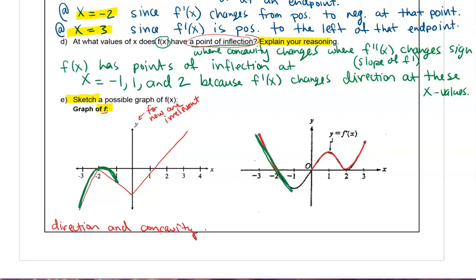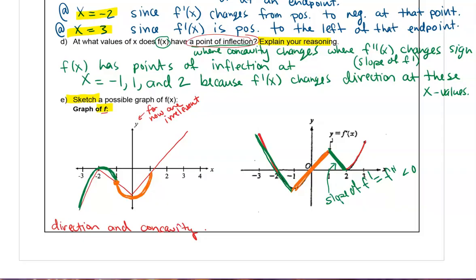Then I can tell that from -1 to 1, my function is concave up that entire time. So something like this. So it's going down and then going up, but that whole time it's concaving up. This is a point of inflection right here. And then again, my graph is concave down because the slope of f prime is negative, which is slope of f prime equals f double prime is negative.